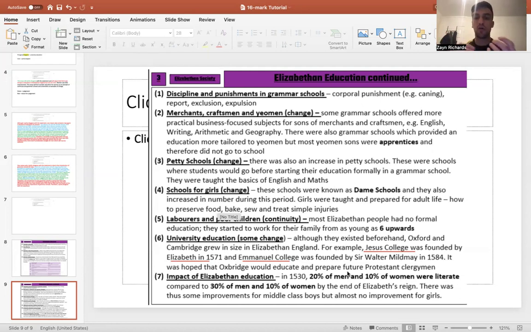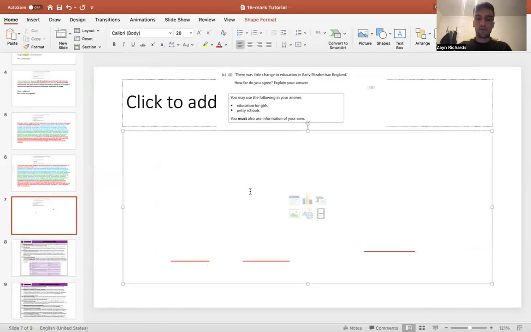The fact that there are new colleges means there are going to be more spaces available and more highly skilled people who can contribute to society. Although most of those men are going to be from an upper class background, there are still improvements for men, and very significant improvements. If you can get a university education, it's going to be very important. So paragraph 3 would be on university education, and that would again be disagreeing with the statement.